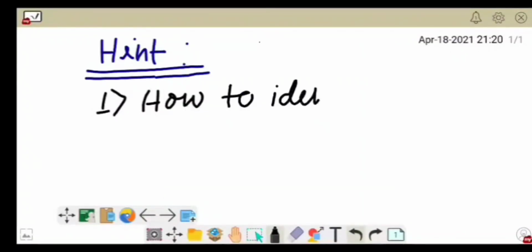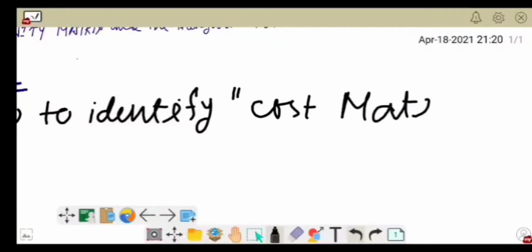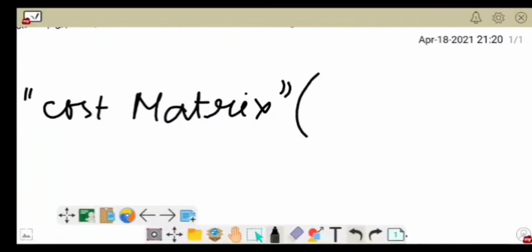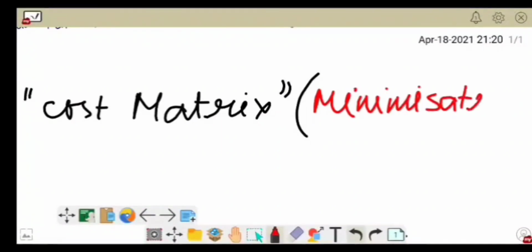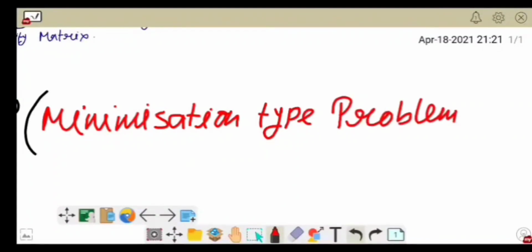So how to identify a cost matrix? A cost matrix means a minimization type problem.